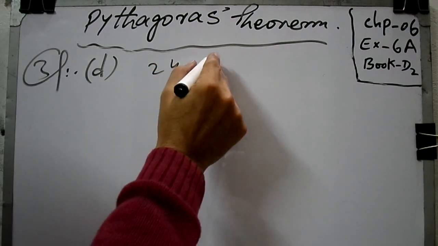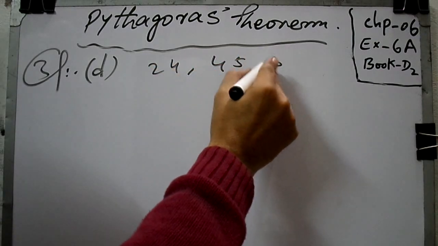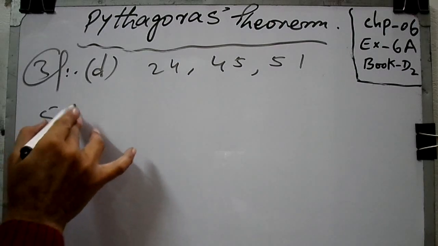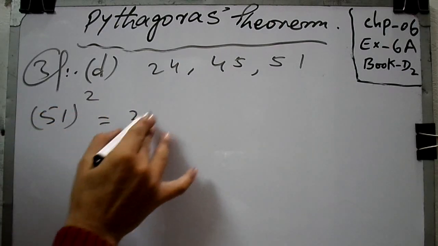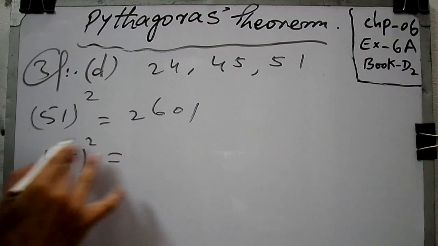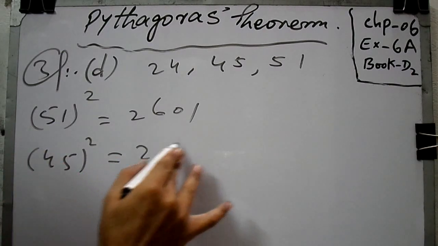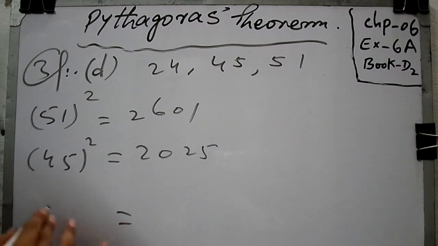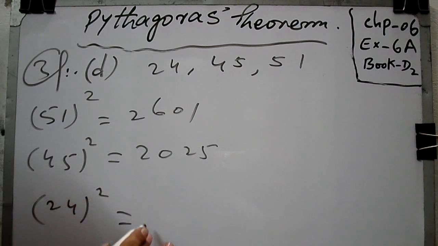24, 45, 51. So 51 square will give you 2601, 45 square you will get 2025, and 24 square will give you 576.